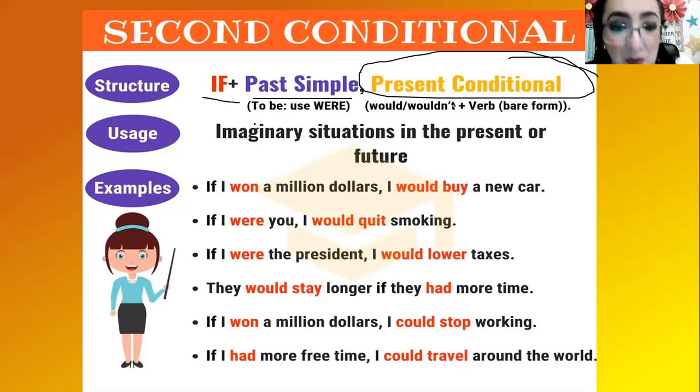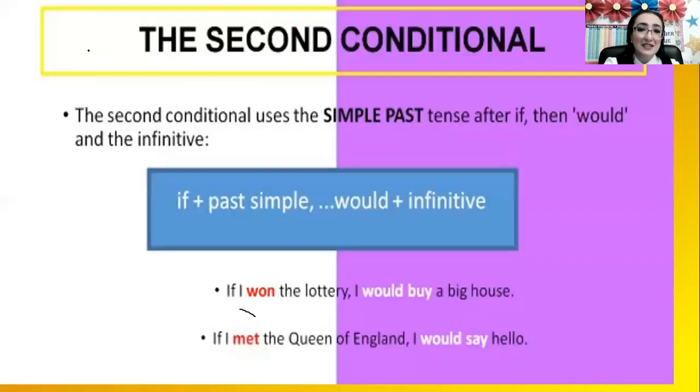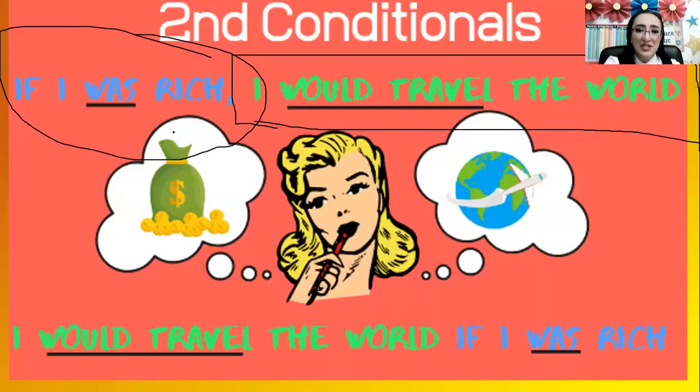If I were you, I would quit smoking. It's an imaginary situation. If I were you, do you remember that in the first exercise we were having, if I was rich? Well, that sounded strange. Yes, indeed.